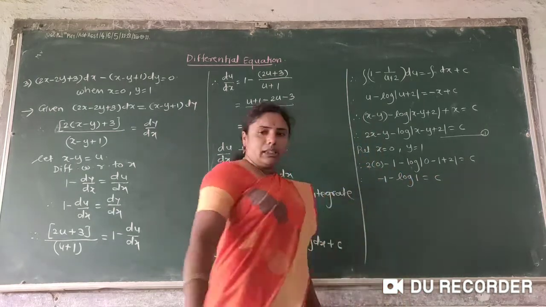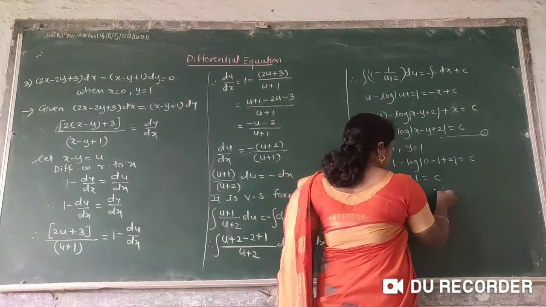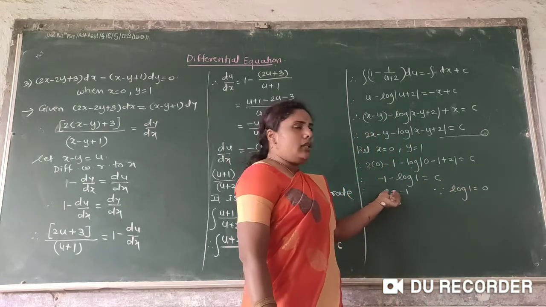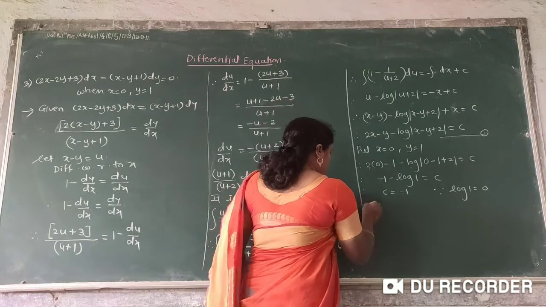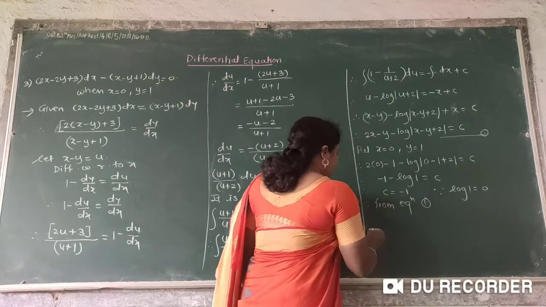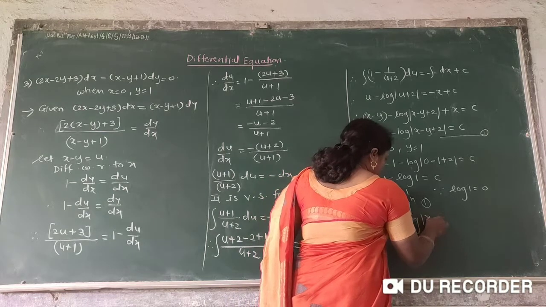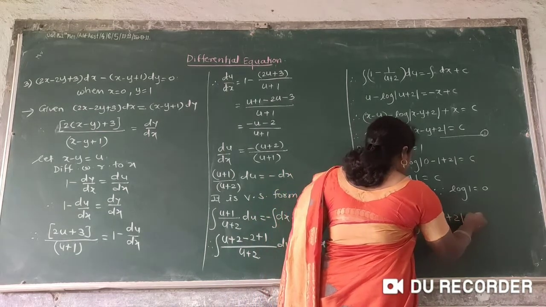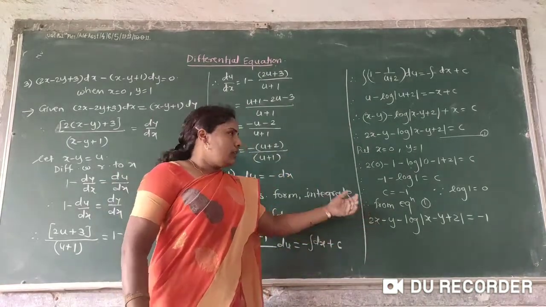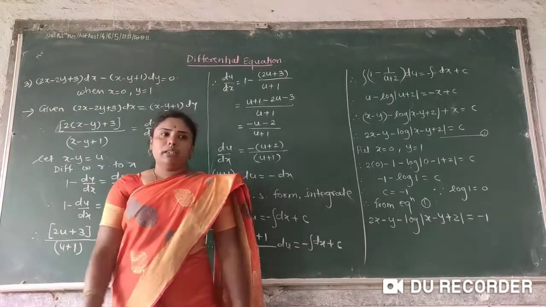But log of 1 is 0, therefore we get c equal to minus 1. And substitute this value of c in equation 1. Therefore, from equation 1, we get 2x minus y minus log mod of x minus y plus 2 is equal to minus 1. This is the particular solution, that is the solution of the differential equation when x equal to 0 and y equal to 1.